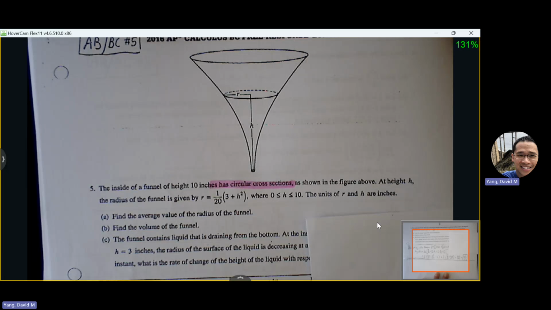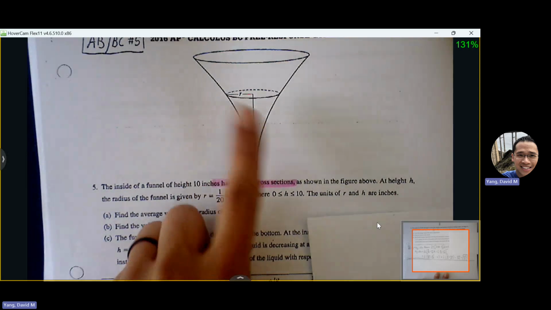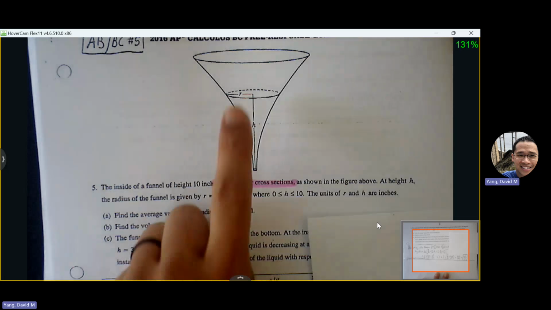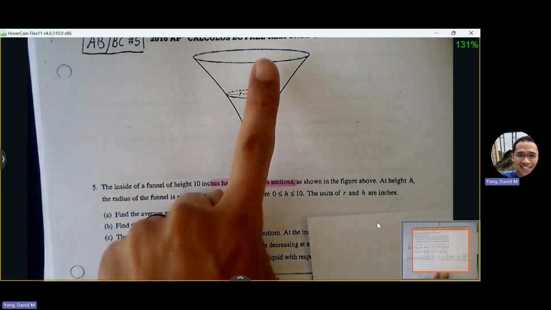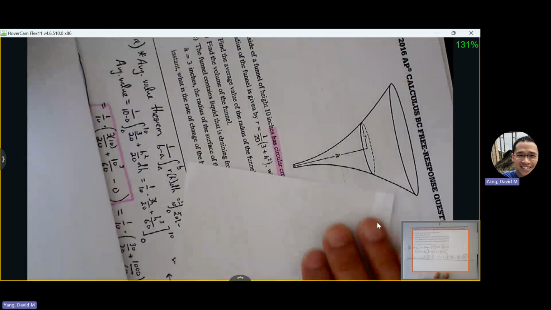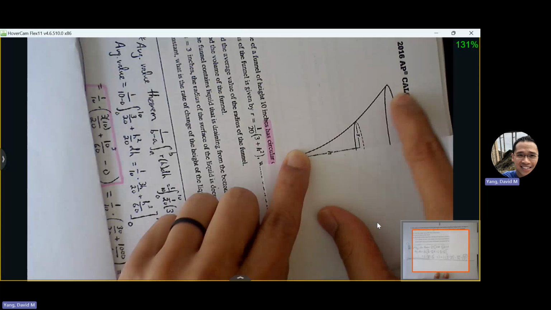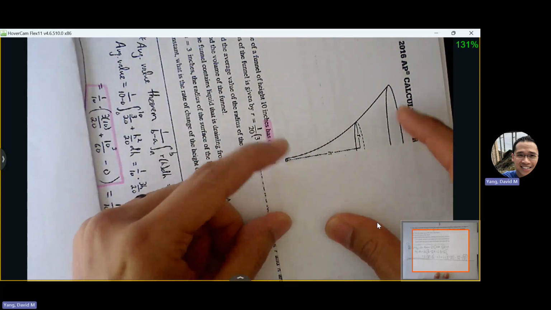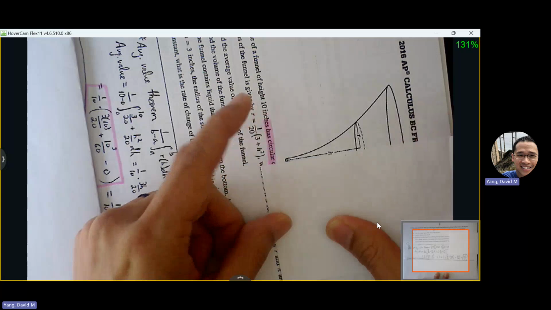But it takes a little bit of thinking outside the box because this is not the x and y axis. We need to think of this as, what if we were to turn this on its side, and then think of it as this curve here, rotating that curve around the y-axis, and that will create this shape.